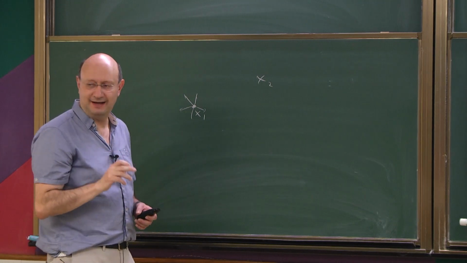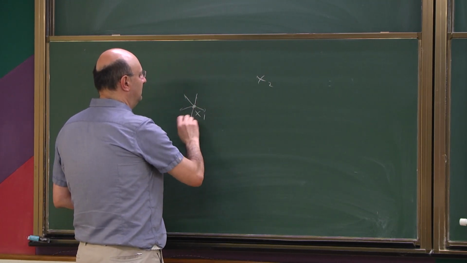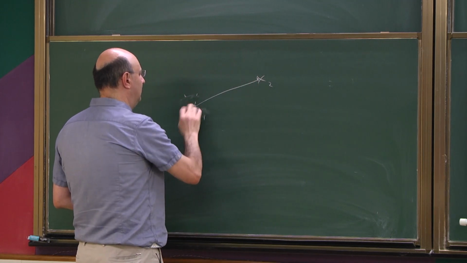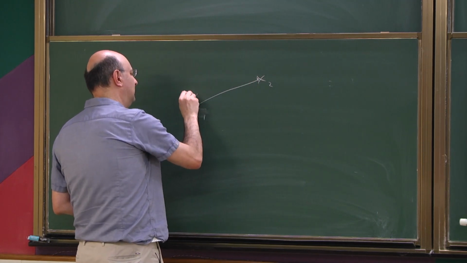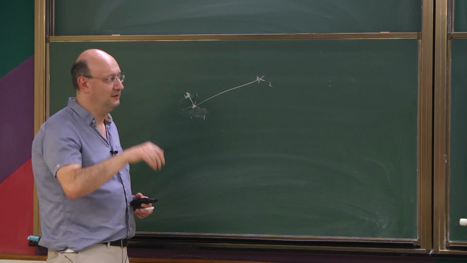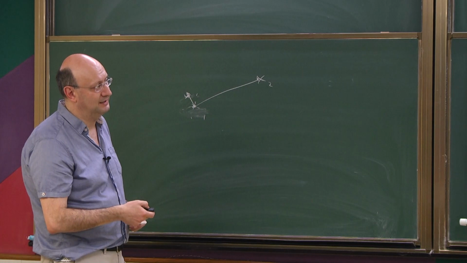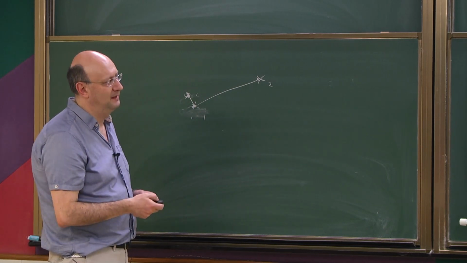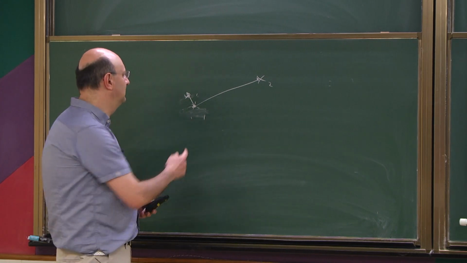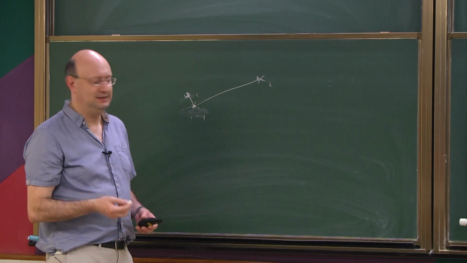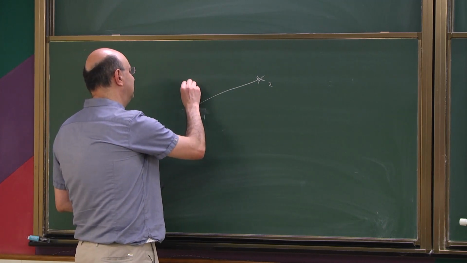And I'm going to select a very special one. So I look at geodesics which I shoot orthogonally to the boundary. So x and y are the boundary directions, and I shoot the geodesic just perpendicular to these points. And I go up to distance tau, so that would be a geodesic like this.